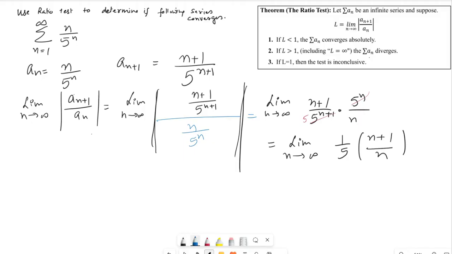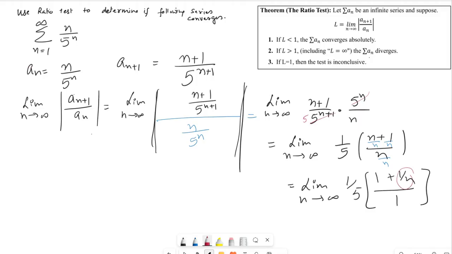How do you find that limit? You divide everywhere by the highest power of n in the denominator. This is 1 by 5 times (1 plus 1 by n) by 1. We know 1 by n approaches 0 as n approaches infinity. Therefore, our answer is 1 by 5 times 1, which is just 1 by 5. We found the limit.